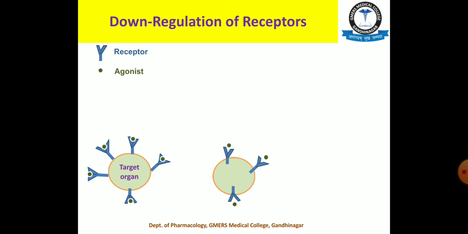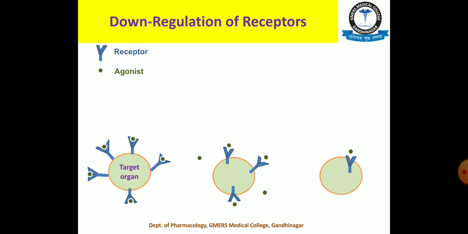So, the agonist still binds with the receptor, but because of these two processes, the ultimate biological effect decreases. Now, if you still go on giving the agonist over a period of time, what will happen? There is a further decrease in the number of receptors and more internalization of the receptor.